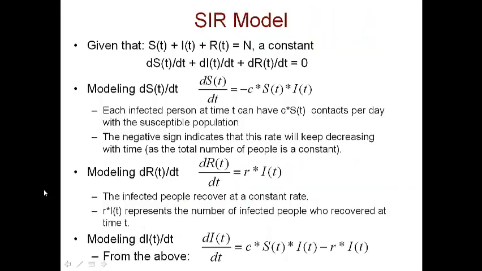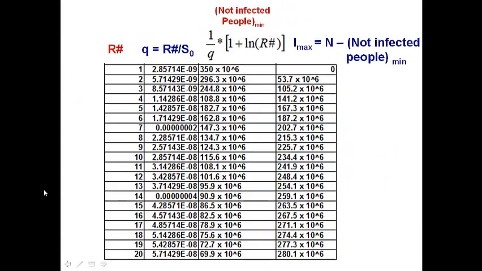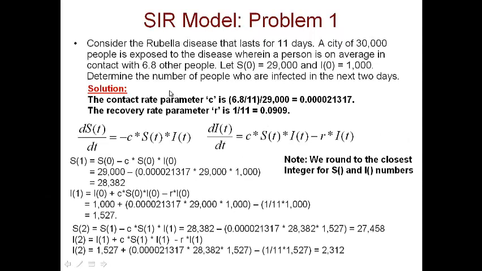So B is given as 6.8 and R is 1 over 11, because 1 over R is 11. So 6.8 times 1 over 11, B times R, divided by the number of people who are susceptible to the disease, which is 29,000. So that will come out to be this value.